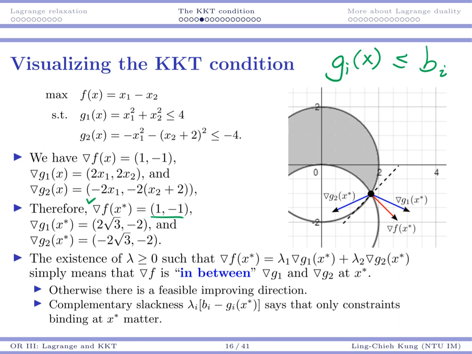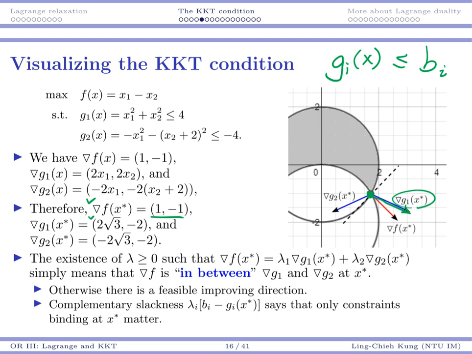Then let's take a look at our gradient g1 and gradient g2 at x star. So numerically, we may show that their values are 2 square root of 3, negative 2, and so on. If we depict them onto your graph, gradient g1 is here, gradient g2 is here. There are some observations we may have. For gradient g1 at x star, you may see that it is perpendicular to something.